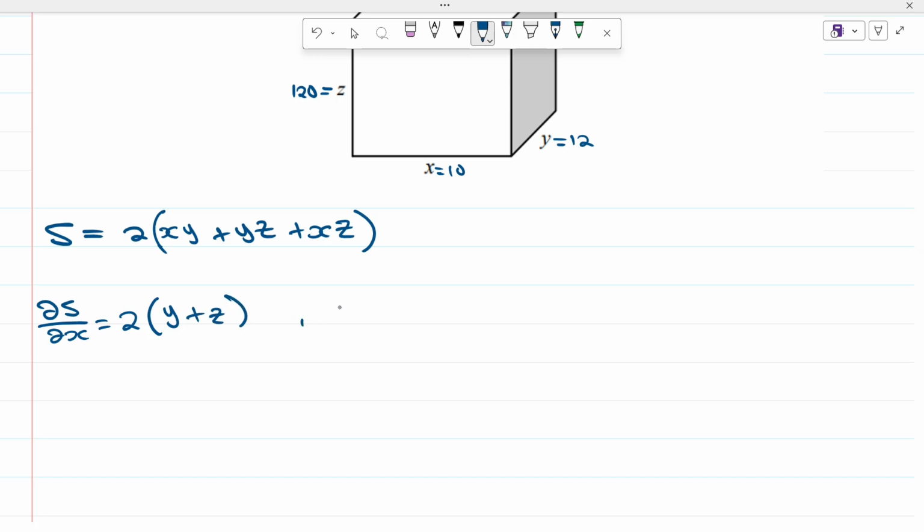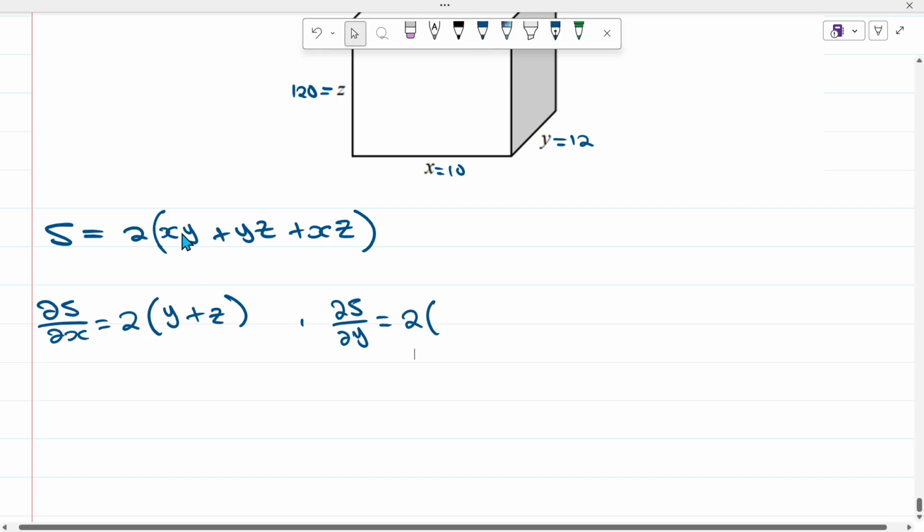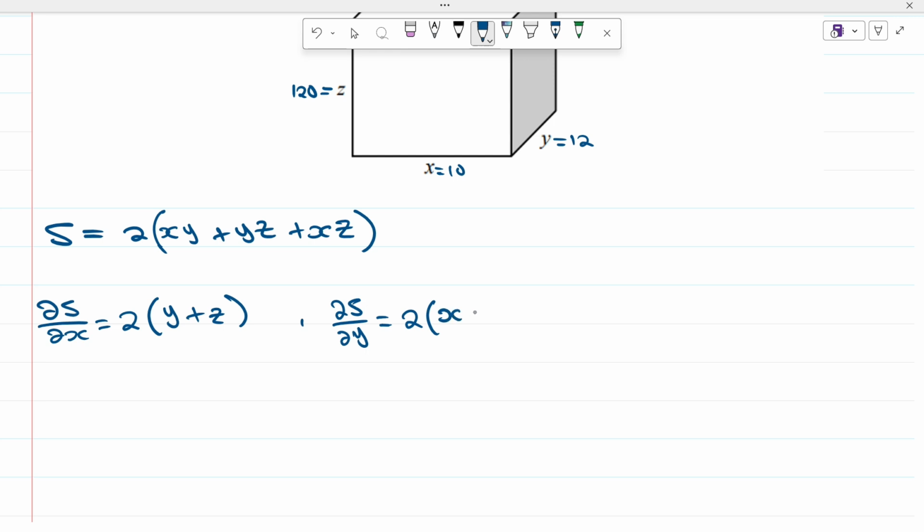And then we differentiate again partially. The partial derivative of S with respect to y this time around is going to be 2 multiplied by x plus z. All right. And then now we differentiate partially again for the last time, with respect to z.